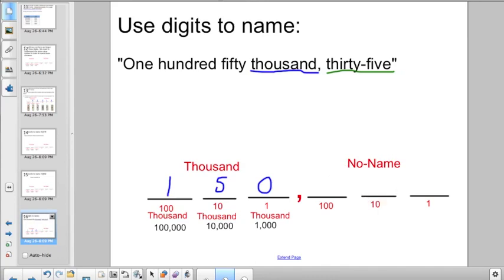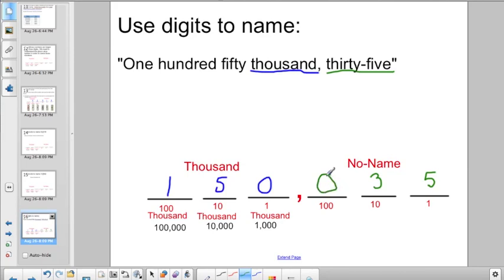35 actually means 3 10s and 5 1s, right? We covered that the other day. So what digit am I going to have sitting here in the hundreds place? How many hundreds do you have in 35?